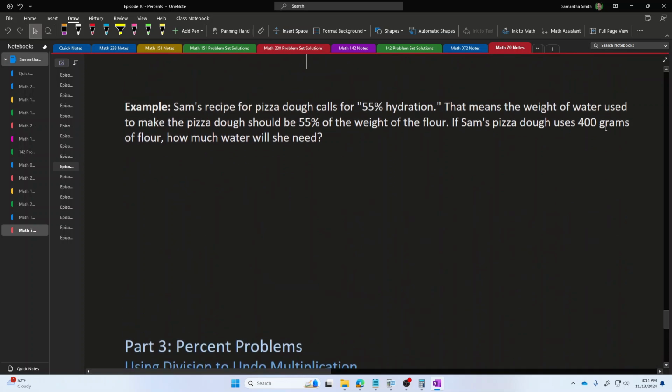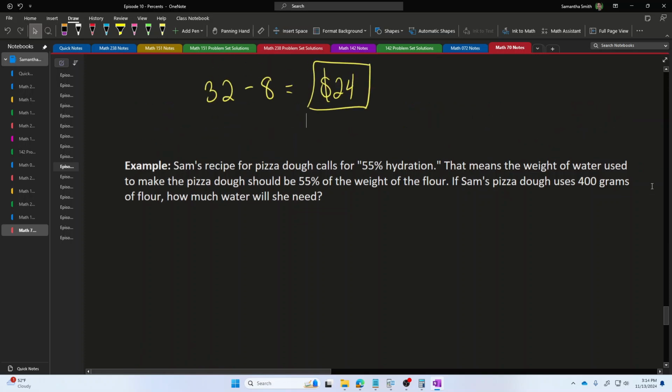Now, for a slightly more complicated example, somebody says to me, okay, pizza dough. I make pizza every single Saturday. All of those pizza examples when we talked about fractions were no joke. I love pizza, and I make my own pizza from scratch every single week. Now, I make a pretty large pizza for me and my family. And so we put in 400 grams of flour.